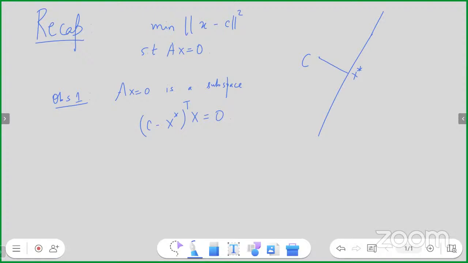You've seen something called a pseudo inverse of A. If you never heard of it, that's okay. But you need to know how to apply the pseudo inverse. So we have c minus x star, transpose times A. It's all symmetry. You have to somehow make sure that something happens and it all ends up becoming 0.